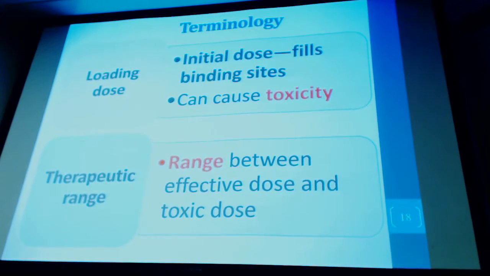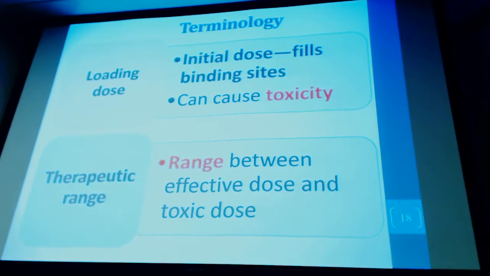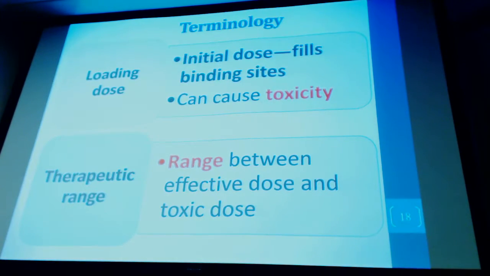Loading dose. We're going to talk about binding sites, nonspecific binding sites in a minute. We need for that drug to be in your bloodstream so it can go to the cells it needs to go to and exert the effect that we want.